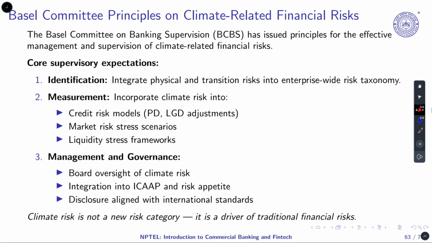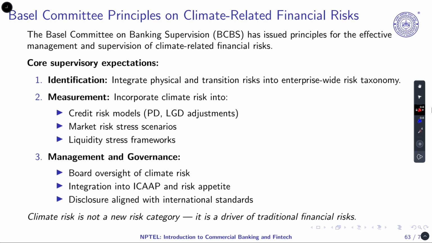There are other related regulations. One is the Basel Committee principles on climate related financial risks. BCBS, which is the Basel Committee on Banking Supervision, I think in the last session we also had the BCBS.